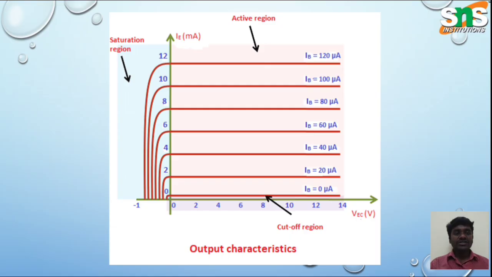In the cutoff region, when the IB current is 0, it is working in the cutoff region. In the saturated region, it increases suddenly for different IB currents like 20, 40, 60 up to 120 microamperes. In the active region, all the emitter currents IE are constant while increasing the VEC voltage.